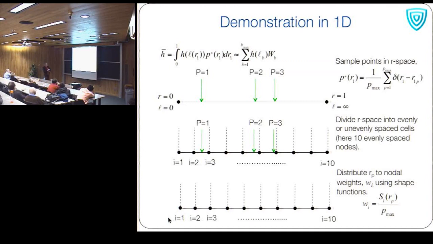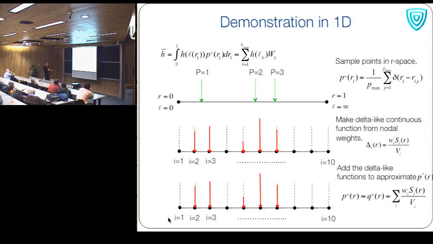And what we'll do then is say for each of these, we're going to map over to the edges of those cells, the nodes, some power associated with that sample. So these are these red lines now. We've taken these delta functions that were here and moved them over to the edges of the cells.